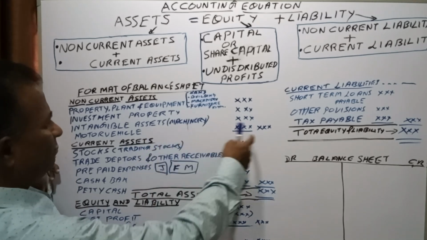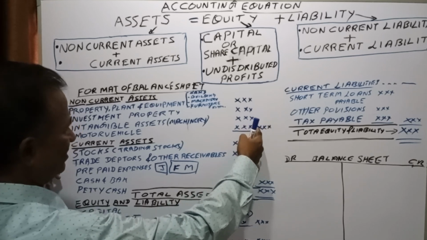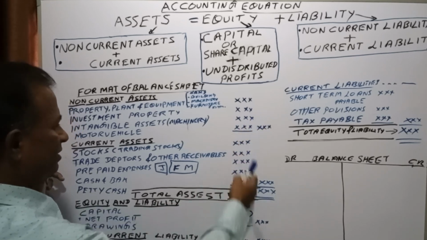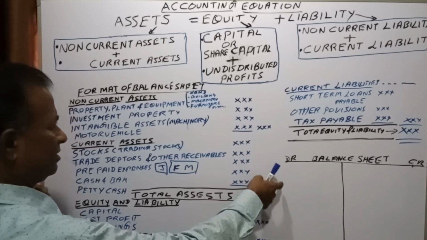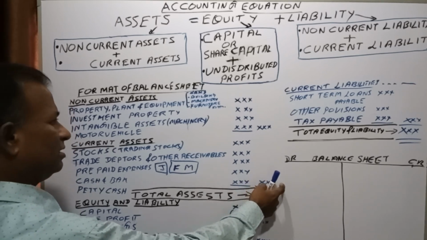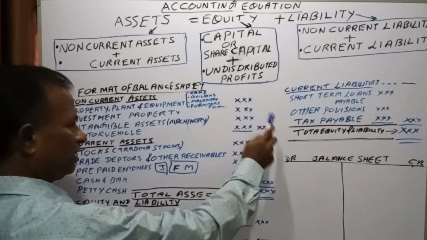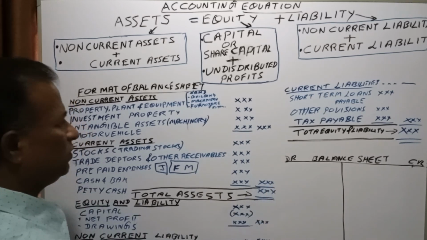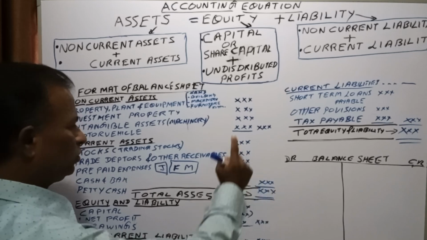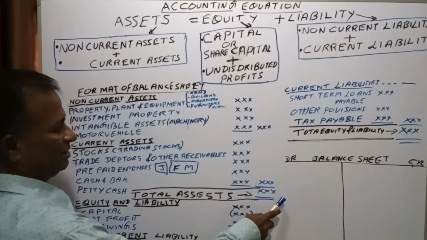Then if we add up, this total is the value of the non-current assets, total non-current assets. This is the total current assets. If you add both of these, then this is the total assets.